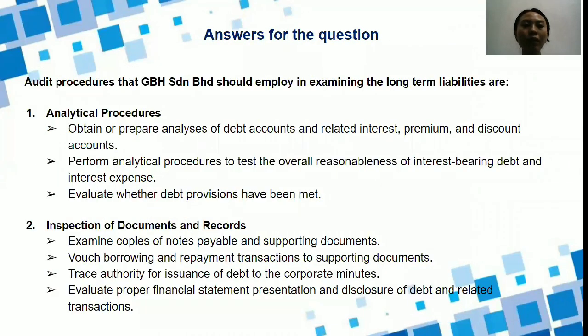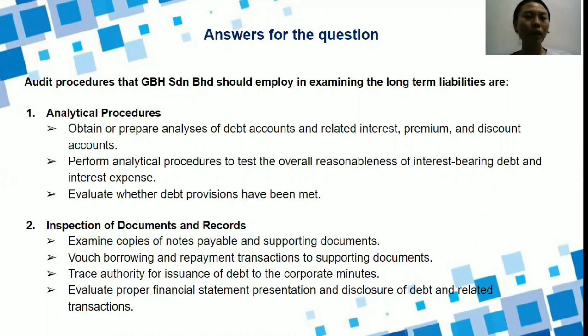The audit procedures that the company, GBS Sdn Berhad, should employ in examining long-term liabilities are two. The first one is analytical procedure, and the second one is inspection of documents and records. As we know, the magic word for analytical procedure is compare. So the auditor can compare the data from last year to this year, or compare it with another industry.